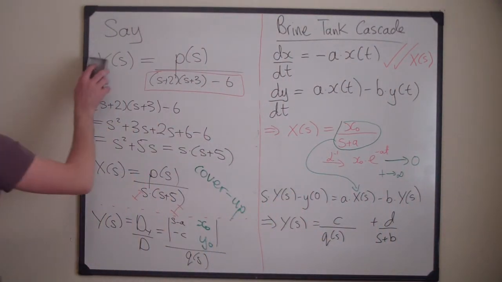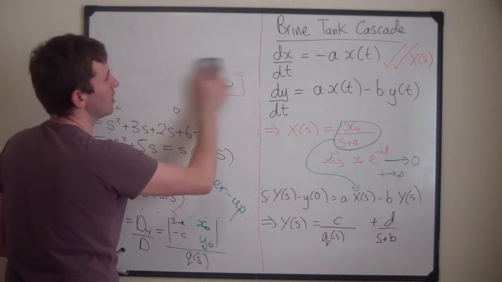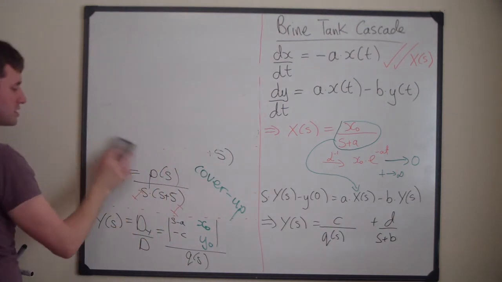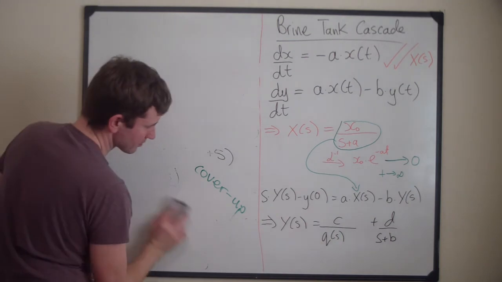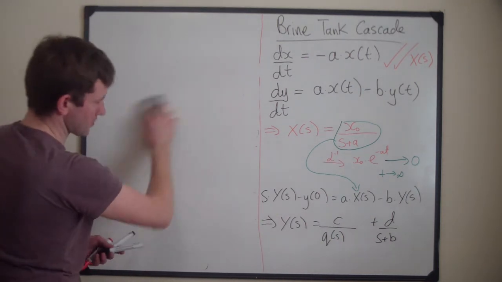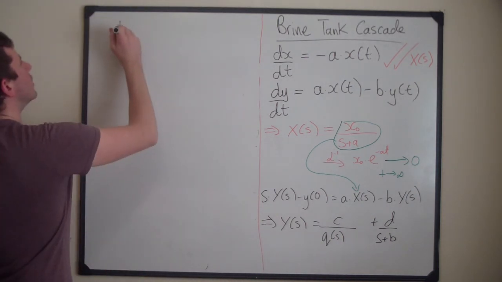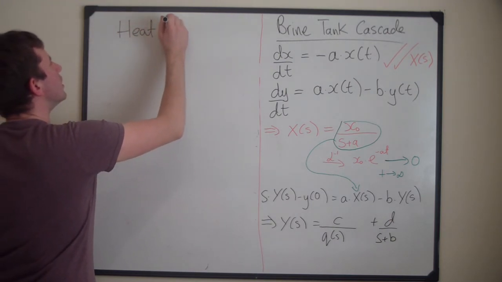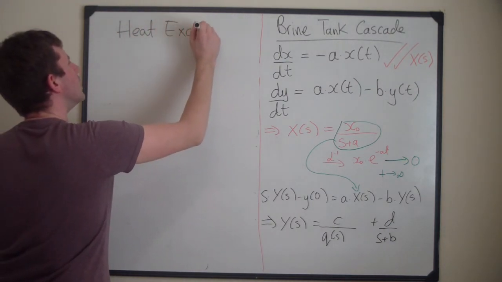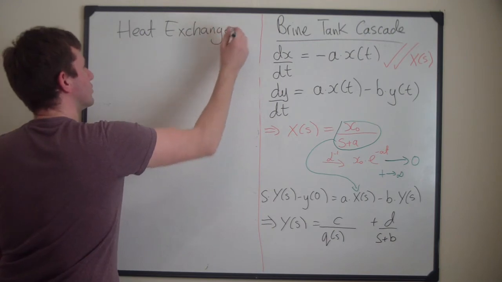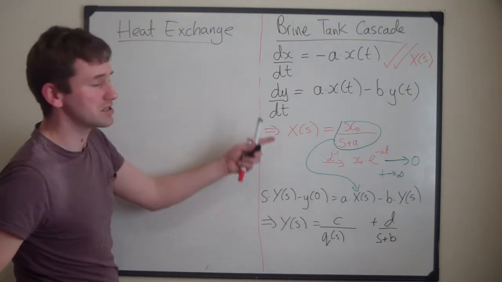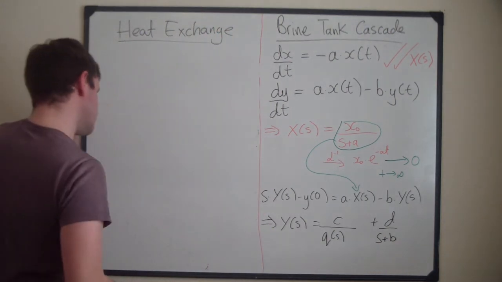The other example that we look at is the heat exchange problem. What that means here is that you don't actually need Cramer's rule. You can do Cramer's rule, but it's kind of overkill.